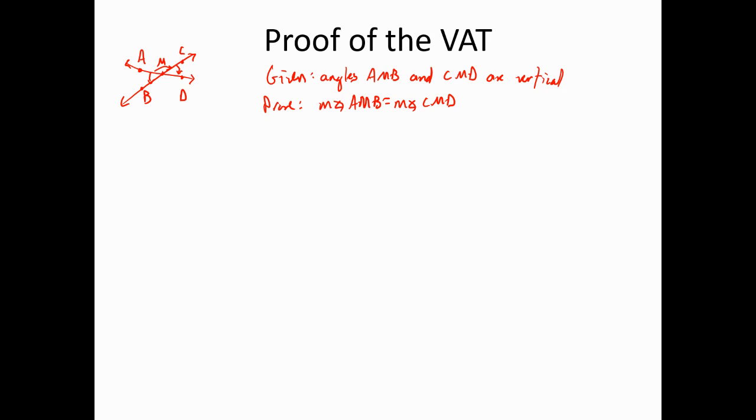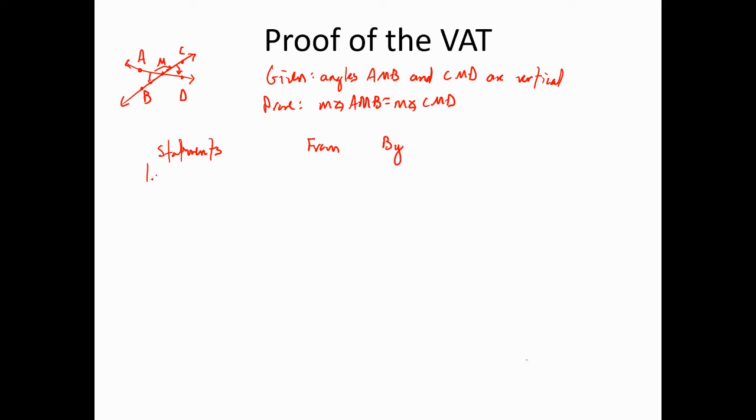And then by the linear pairs theorem, that means that each is supplementary to AMC. Oh, but then we have two angles each supplementary to the same third angle, and that means, of course, that they are equal. And that was the same supplements theorem. So actually, in this proof, we will use two previous theorems. We will use the linear pairs theorem, and we will also use the same supplements theorem.